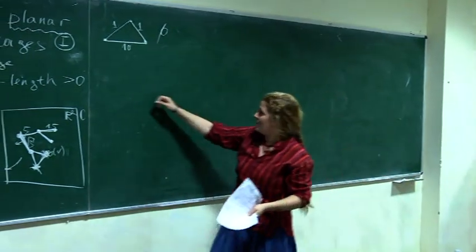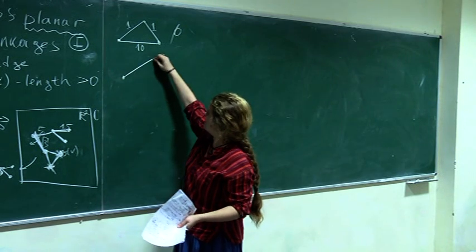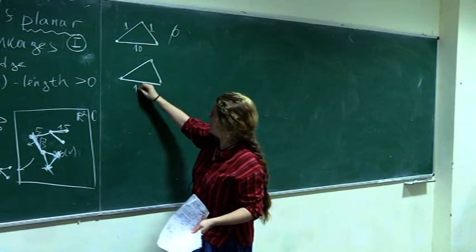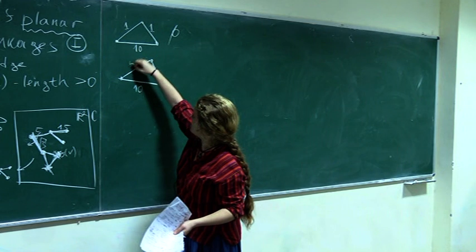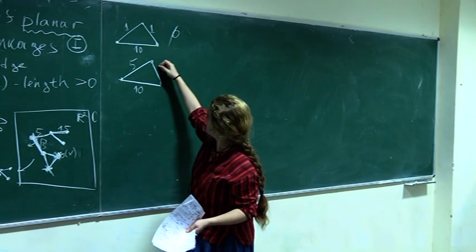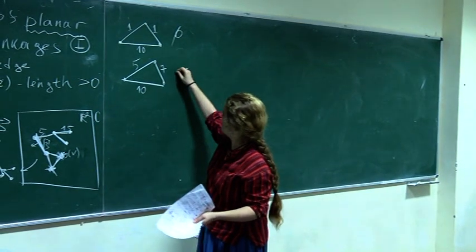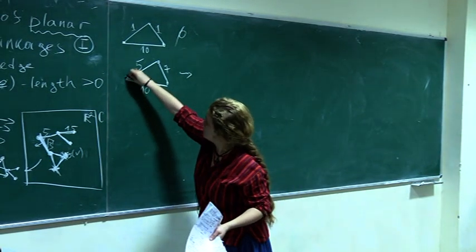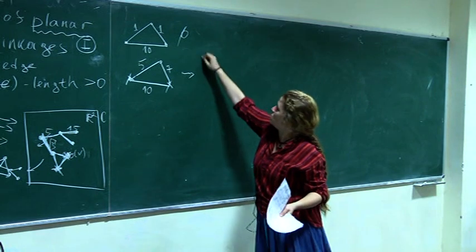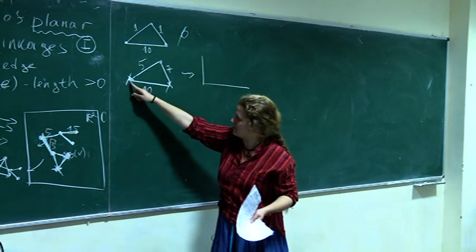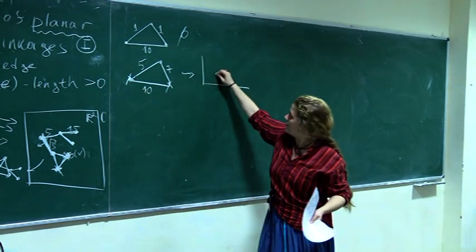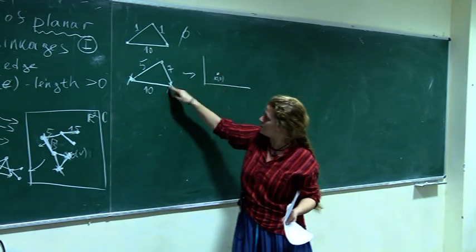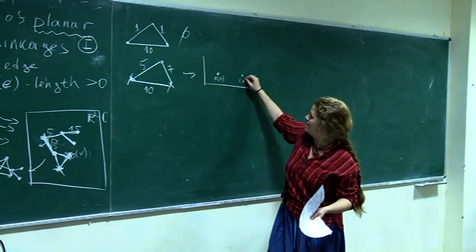If we have something nicer, like a triangle like this, and we do not want it to move, we can prescribe that this point has coordinates 0, 0 and this point has coordinates 10, 0.